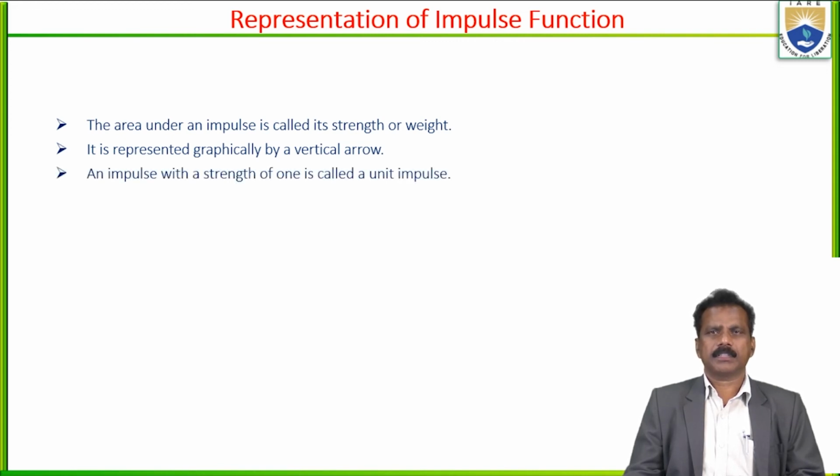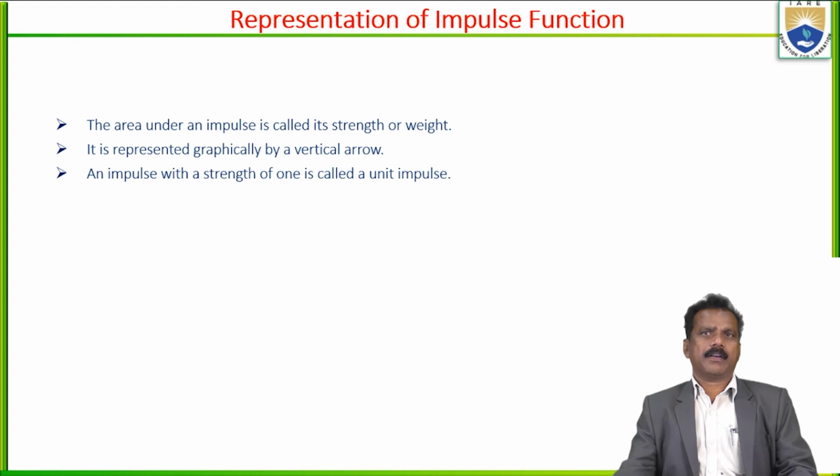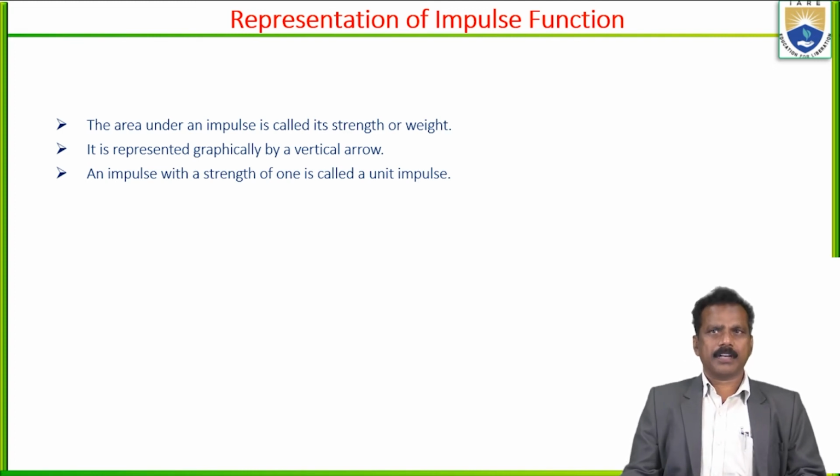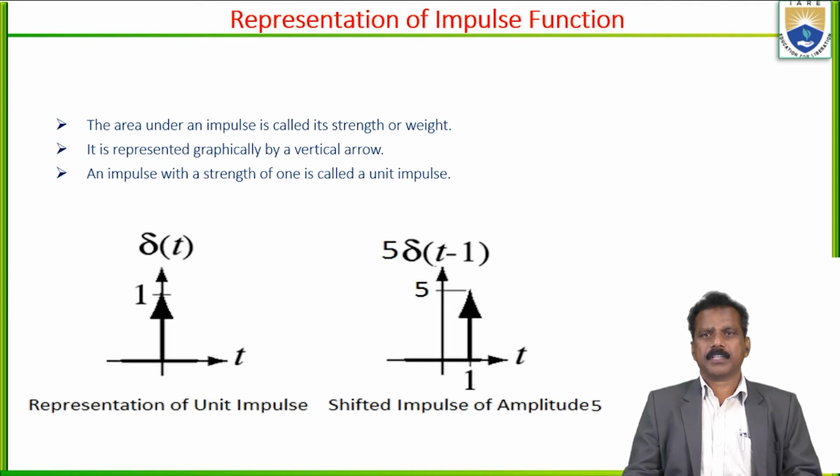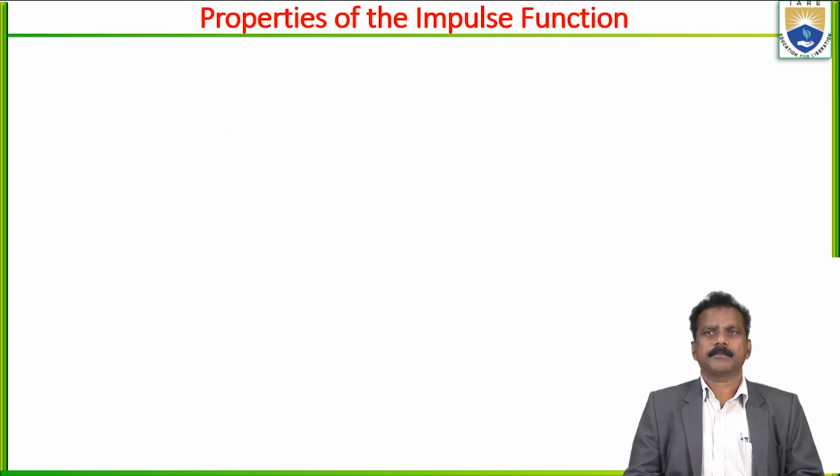An impulse with a strength of 1 is called a unit impulse. Like this it is specified: representation of the unit impulse, and shifted impulse of different amplitudes.